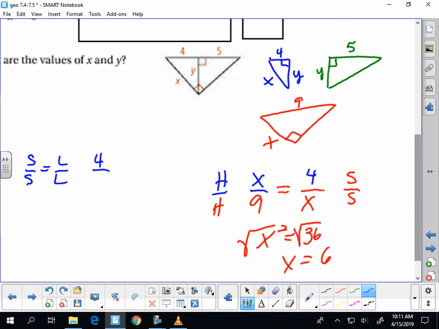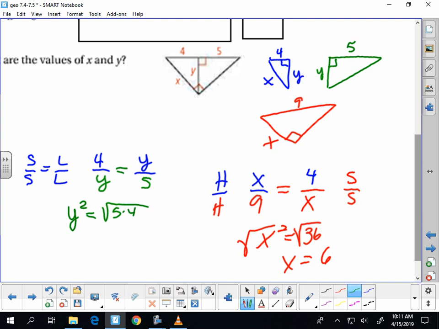So 4 over short of the green triangle, which is y, equals, go back to the small triangle, and I need long. Long is y over long in the other triangle, which is 5. So cross multiply, I get y squared equals square root of 5 times 4.